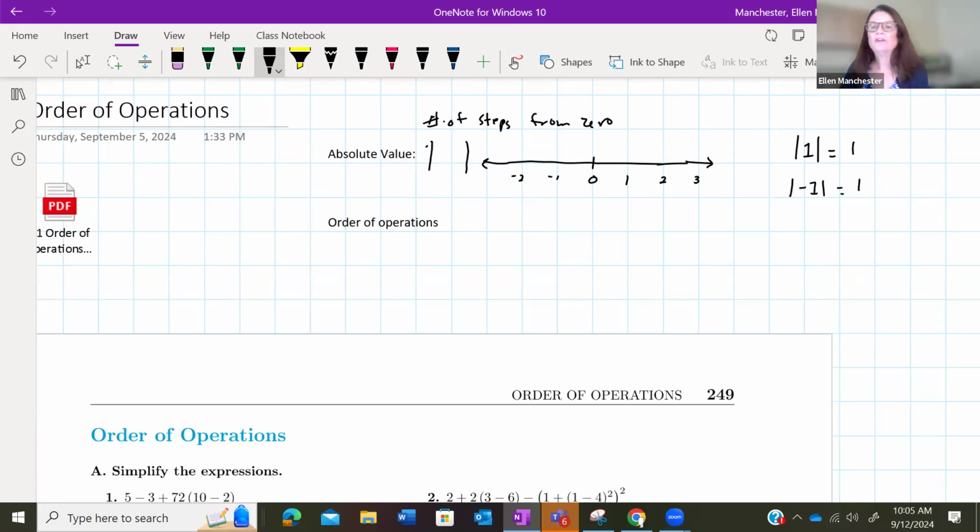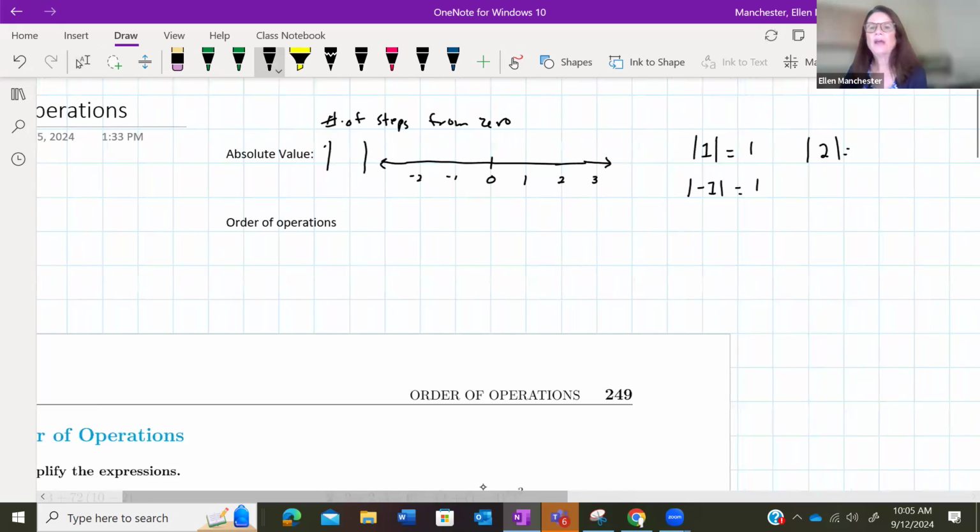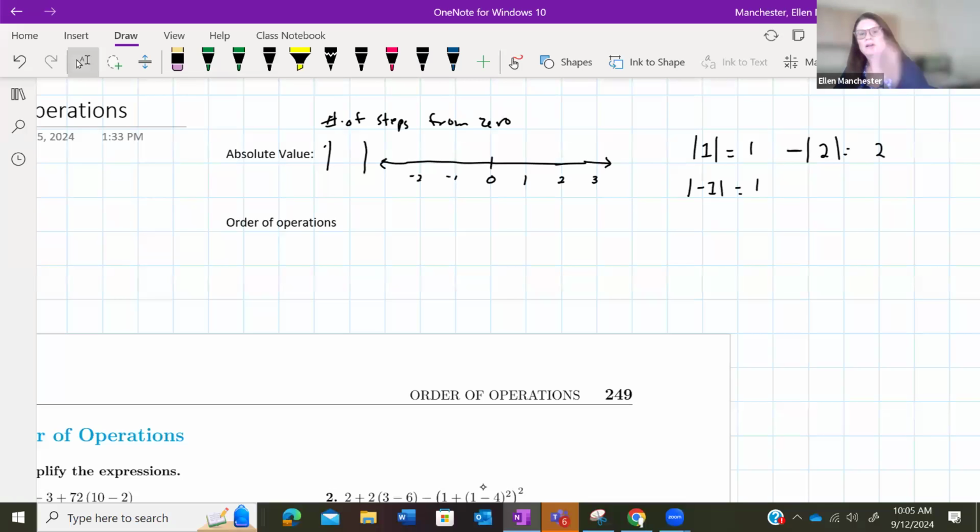Now, where it gets confusing is, what if I said I want the negative of the absolute value of 2? The absolute value of 2 is 2, but if I put a negative sign in front of that absolute value sign, what this means is I want the opposite of the absolute value of 2. So the opposite of the absolute value of 2 is -2.